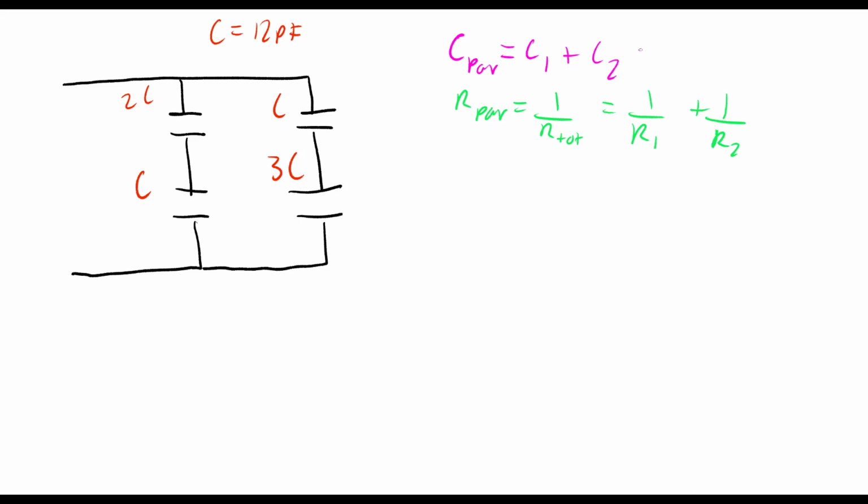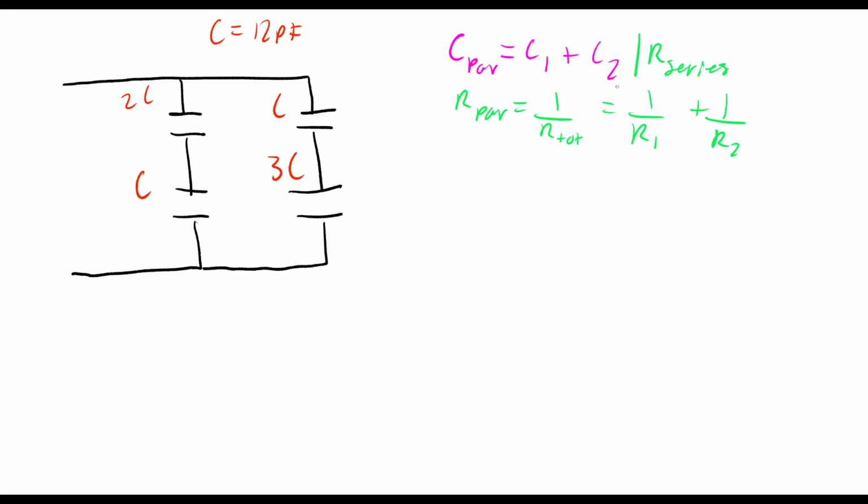Alright? For capacitance in parallel, you can think of it as like a resistor in series. Right? Okay. So it's kind of like the opposite.